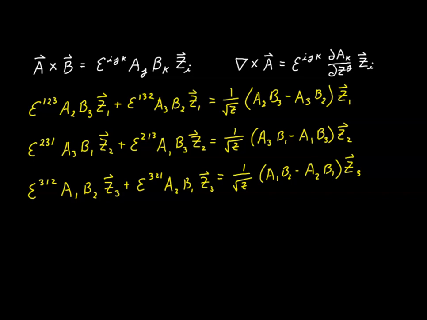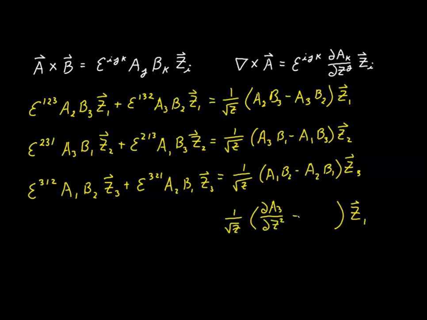What we're going to have for the first term is 1 over the square root of z times, let me just mark this off this way first. We'll have z1 as the first term, but now in this first term up here, j was 2, k was 3. So that would equate to this, the partial of a3 with respect to z2.